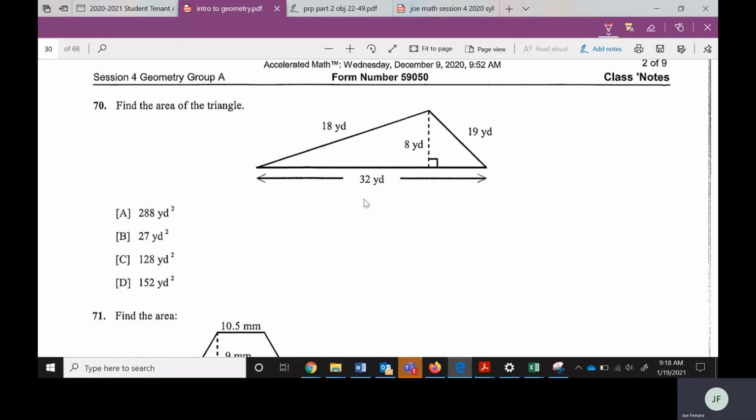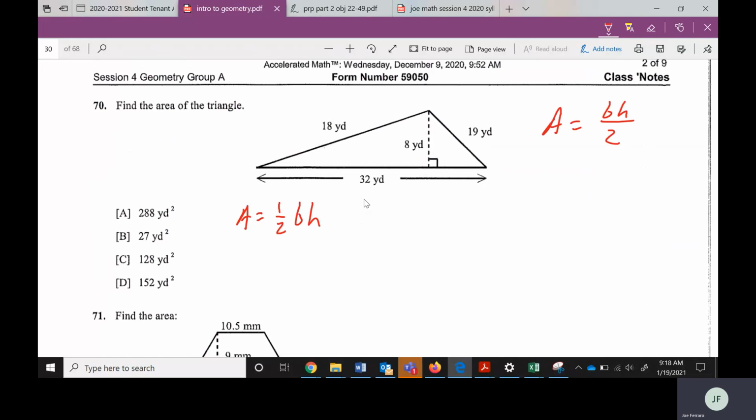Okay, I'm going to use 1/2 base times height. Remember, you can also go base times height divided by 2. Same thing. So remember, we have a height, and that connects the base at a right angle to a point on the opposite side.